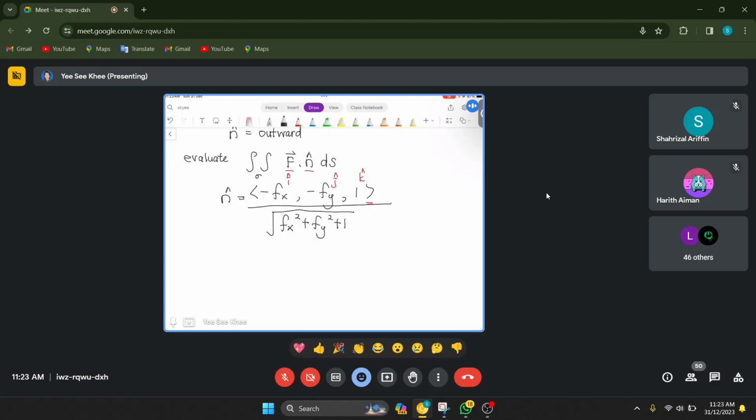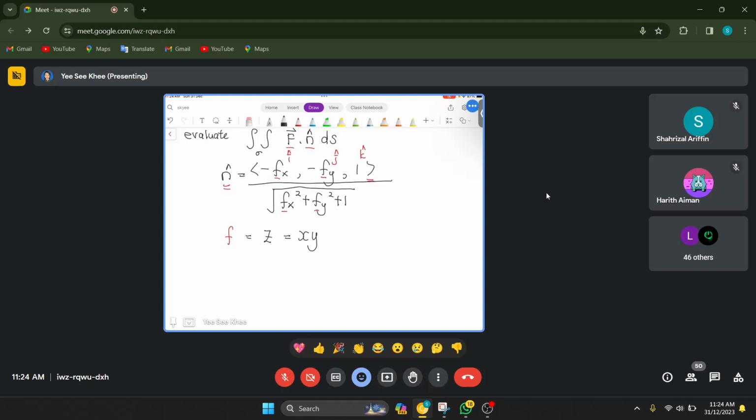So we want to find out what n is. The first thing we must know is what f is. f is the function that represents the surface, where our surface is z equals xy.